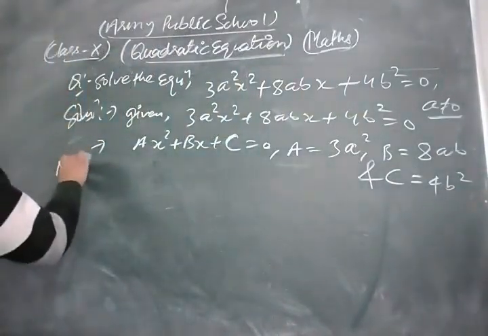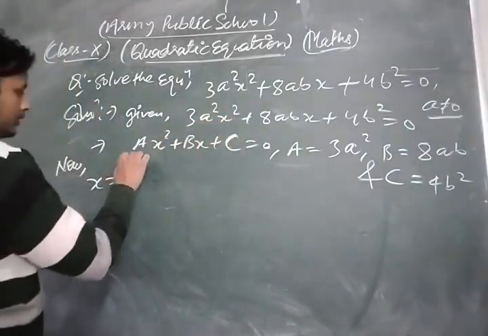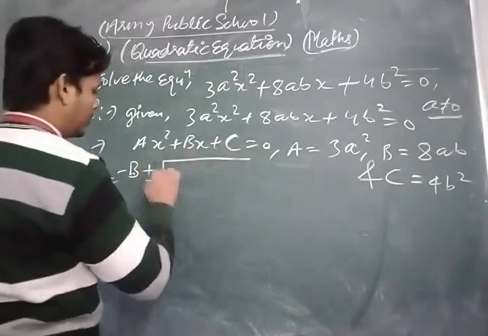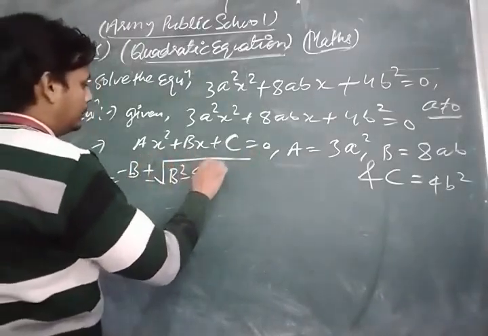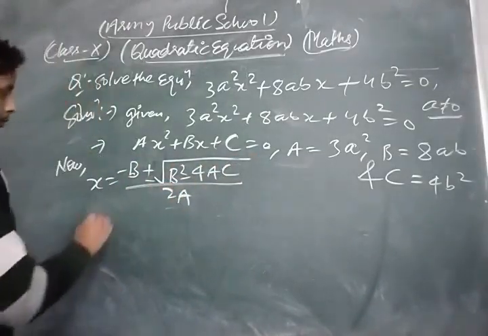Now solving for x: x is equal to minus B plus minus under root B square minus 4AC upon 2A. Now we put the values.